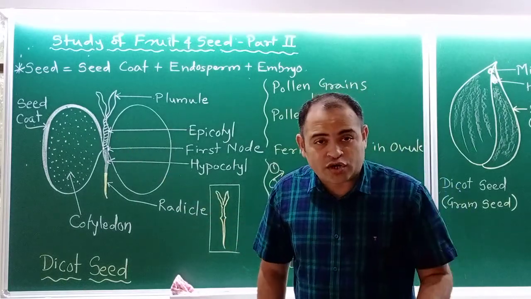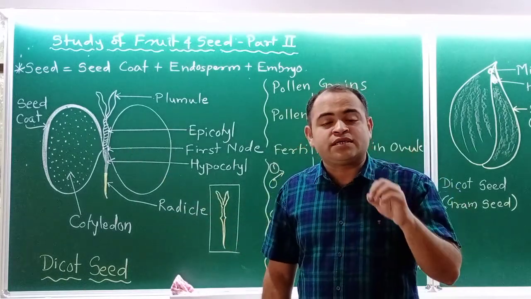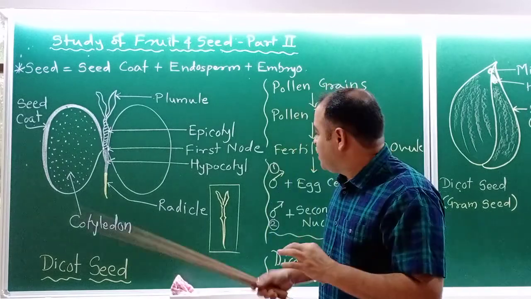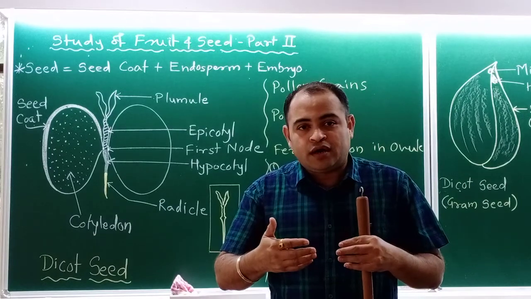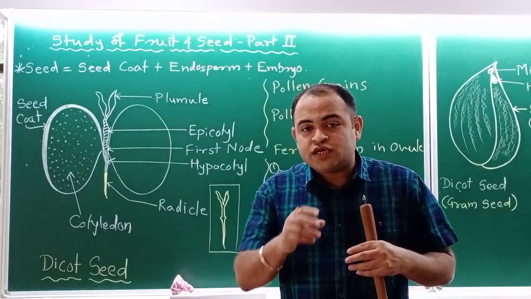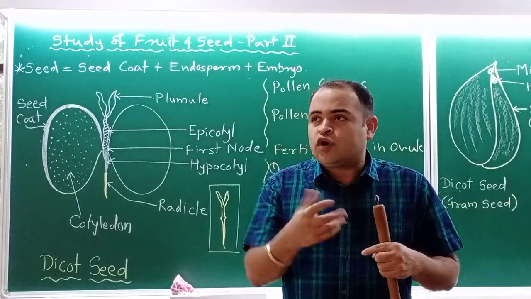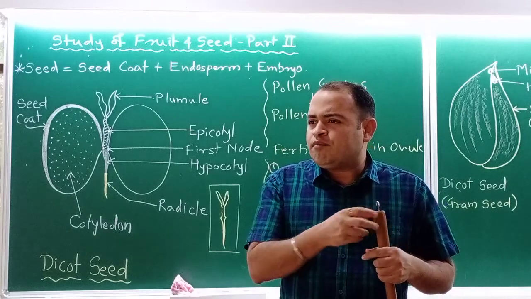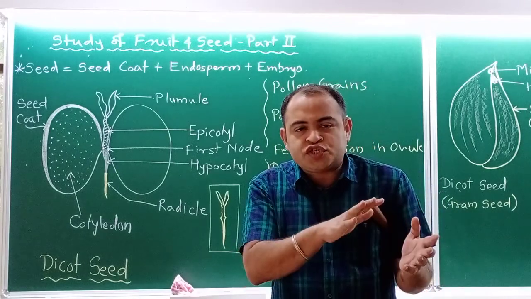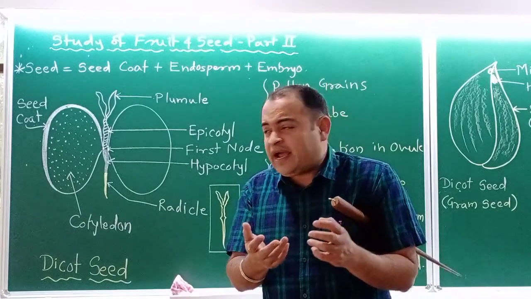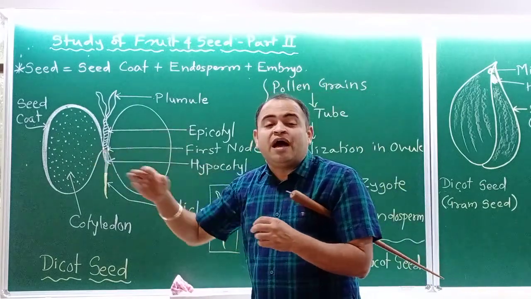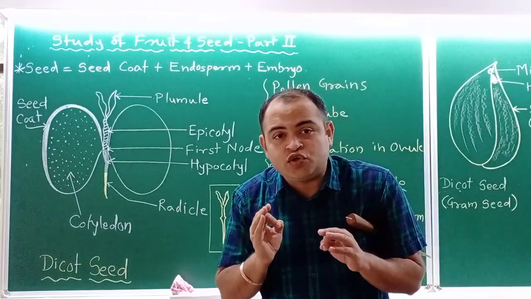Definitely the embryo will get its nutrition, because there are mechanisms by which the endosperm makes itself free, converting complex structure to simple structure, so that it is easily absorbed and usable by the developing embryo.